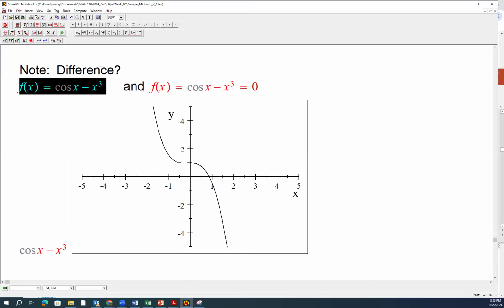I just want to explain the difference between f of x and f of x equal to 0. F of x is the entire curve from negative infinity to positive infinity. F of x equals 0 usually is an if statement. It refers to the x-intercept, to when or where the curve crosses the x-axis. So these two are very, very different.